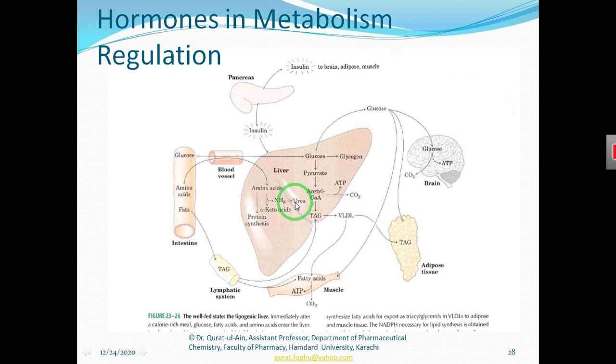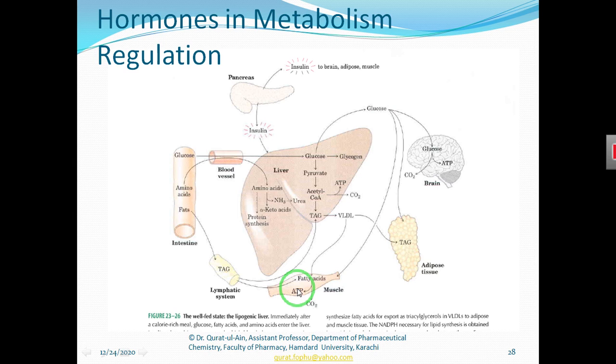And what happens then? The triacylglycerol also reaches the lymphatic system and then re-enters the liver, or the triacylglycerol is converted into fatty acid and deposited into fat and into muscles.